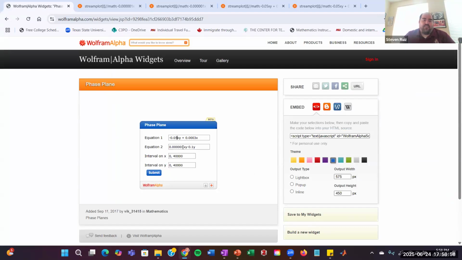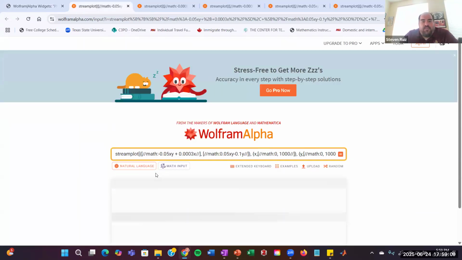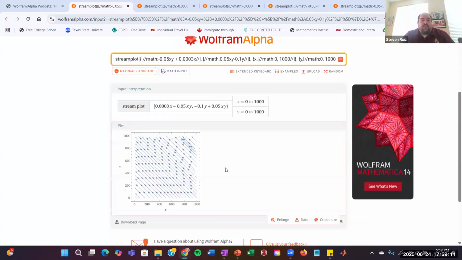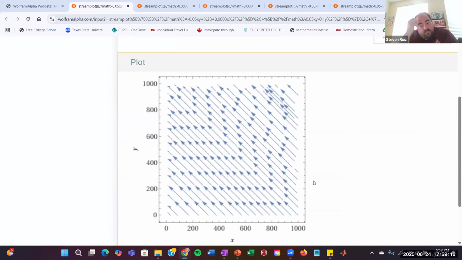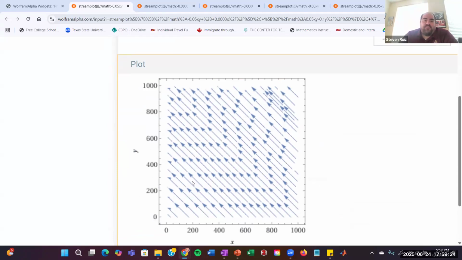So 0.05, 0.05. And now we're going to squash these intervals again. In this case, both of these phase portraits show movement to the left, so the number of susceptible people is decreasing.